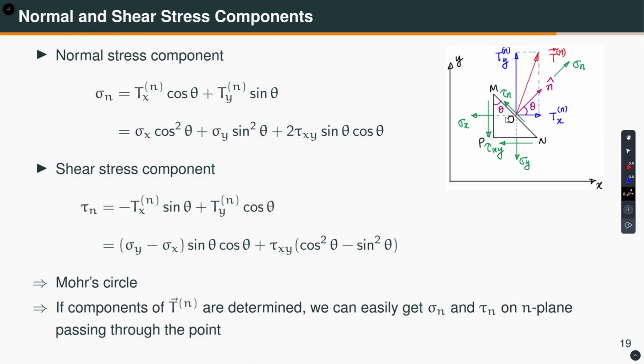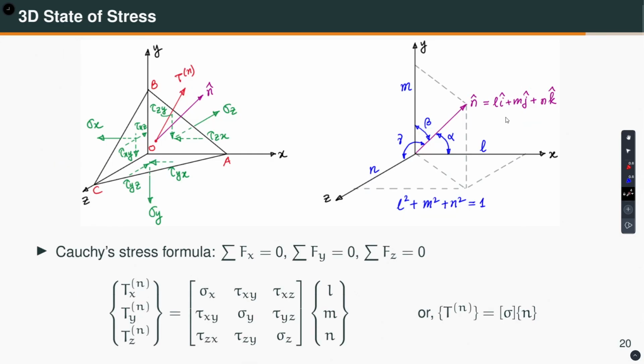Okay. If we extend this to 3D using Cauchy's tetrahedron, this is a tetrahedron OABC. It has 4 triangular faces, OAB, OBC, OAC and ABC.